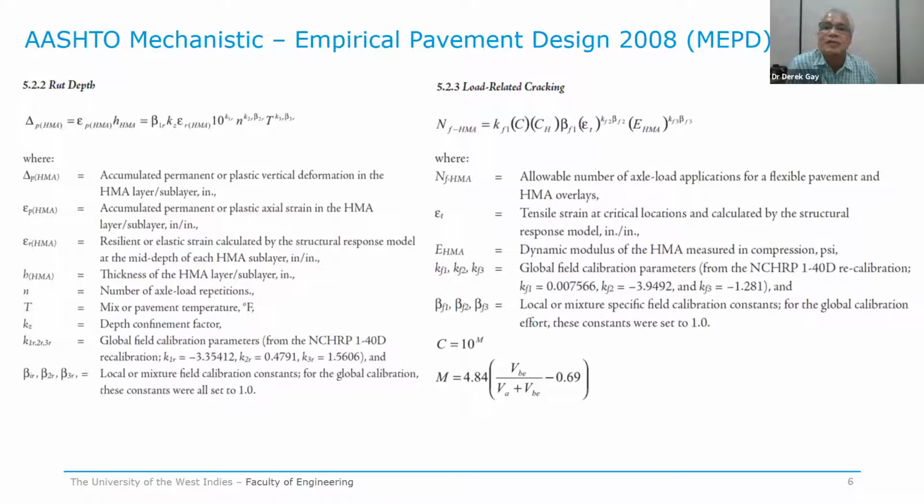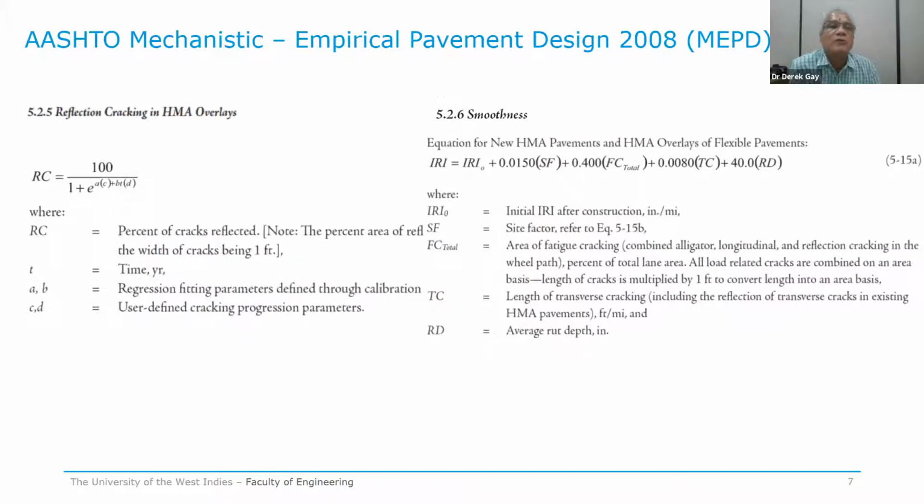They're largely measurements taken in the lab of the particular load test. Some fairly sophisticated tests as well. We move to the reflection cracking, similar equation. Again, these are related back to mechanistic parameters measured in the lab.